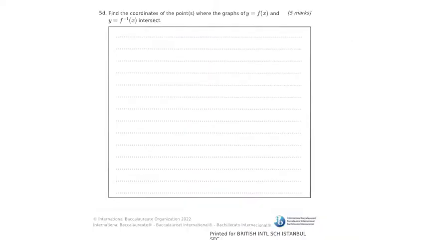5d, find the coordinates of the points where the graphs y = f(x) and y = f to the minus 1 of x intersect. This is the grade 7 question on the paper. If a graph y = f(x) and its inverse f to the minus 1 of x intersect, they will intersect on the line y = x.